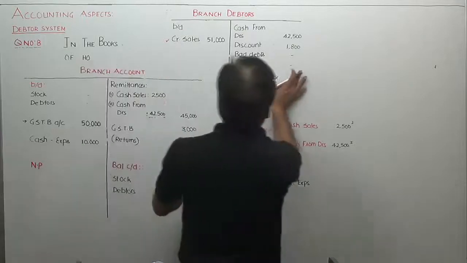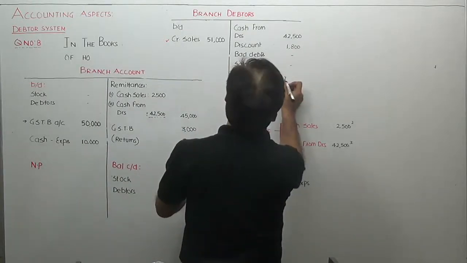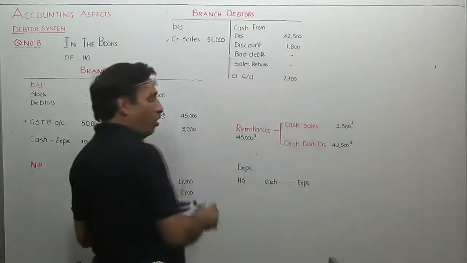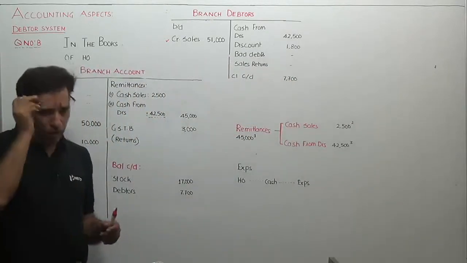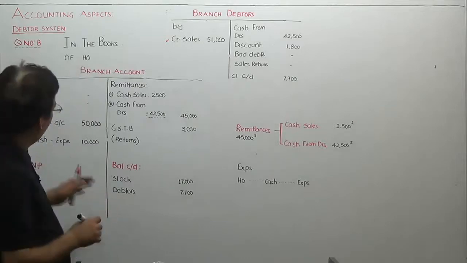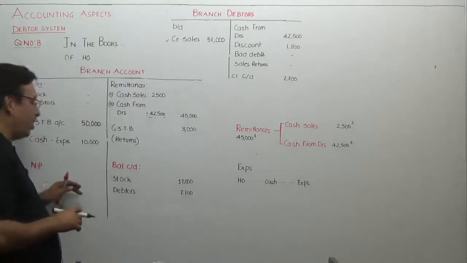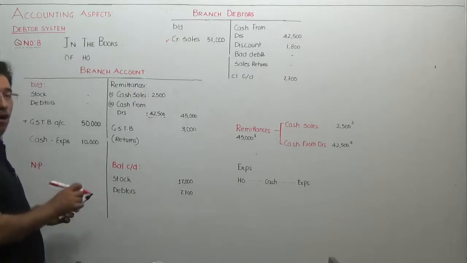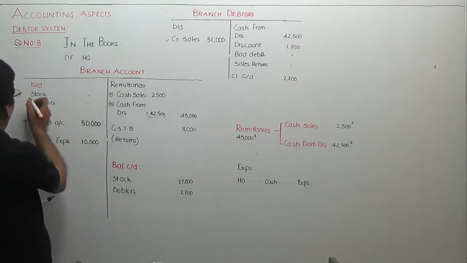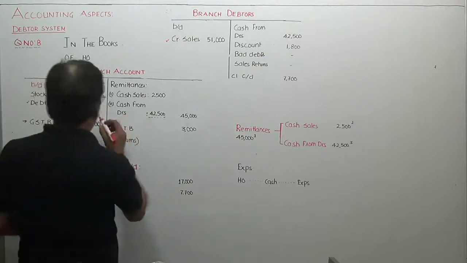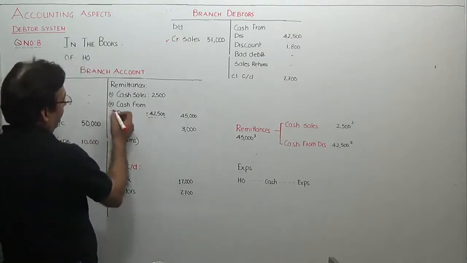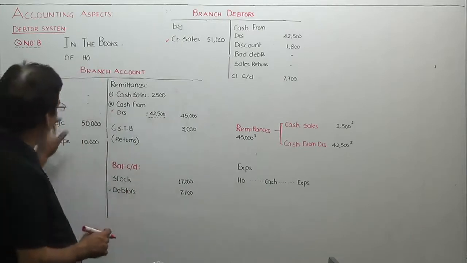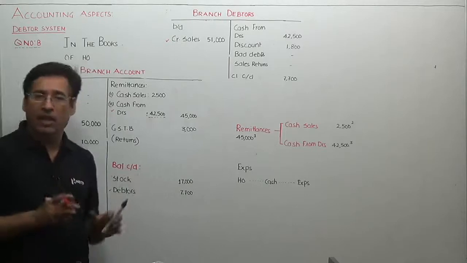Closing balance of debtors is also written in the branch debtors account. Now you have completed all the transactions. Now the first step which you must understand is, before you tally this account, you must make sure that all the figures related to debtors, such as opening debtors, cash receipt from debtors, and closing debtors, should be present in this account before you can tally it.